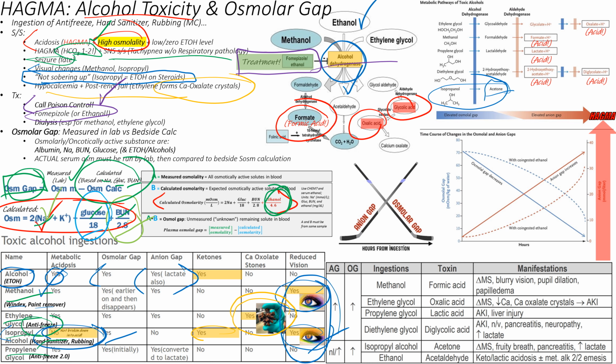Well, that's a bad example because it won't cause metabolic acidosis. But we are still stopping this breakdown of these acids that will develop if you were to let the body continue to break down those acids naturally. So we give fomepizole, which is going to be the treatment for toxic alcohol ingestion.